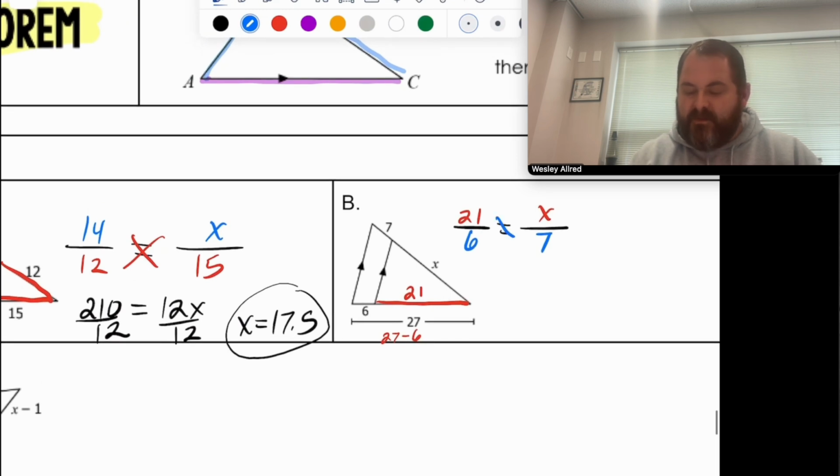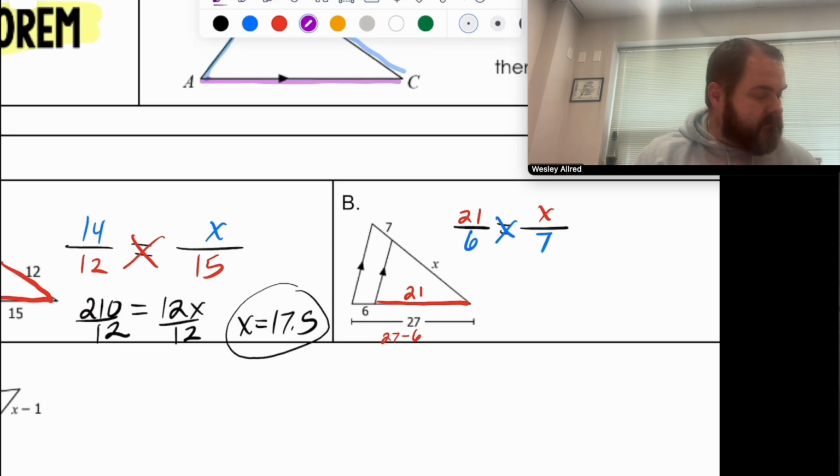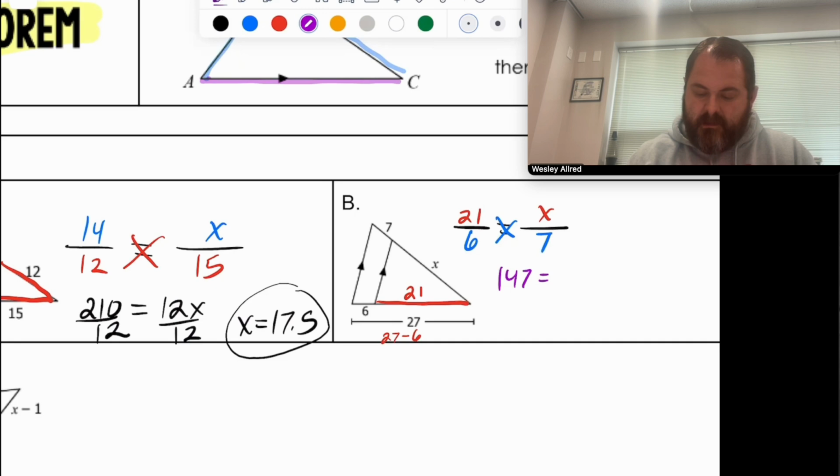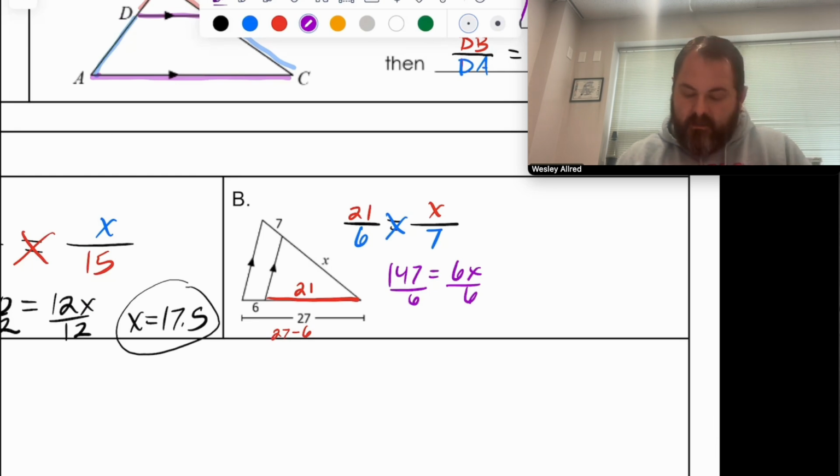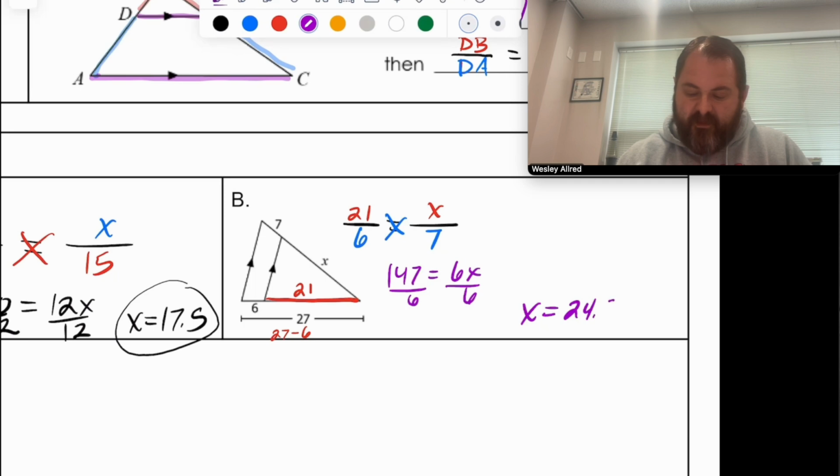So again, we can cross multiply. 21 times 7 is 147. That equals 6 times x, or 6x. Divide by your 6. And we get x is 24.5.